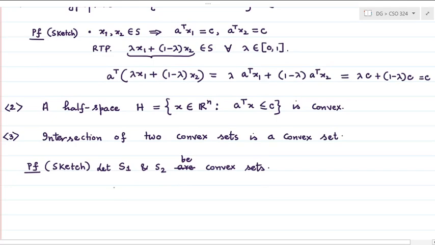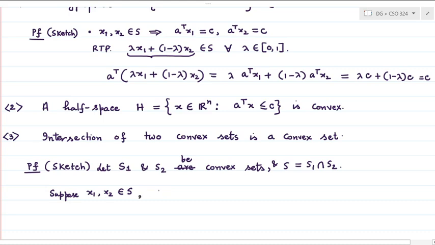You have to prove the intersection, S1 intersection S2, is convex. So to prove this, you define S equal to S1 intersection S2. Then you take a pair of points, x1, x2 belonging to S. Suppose this. Then what do we have to show?